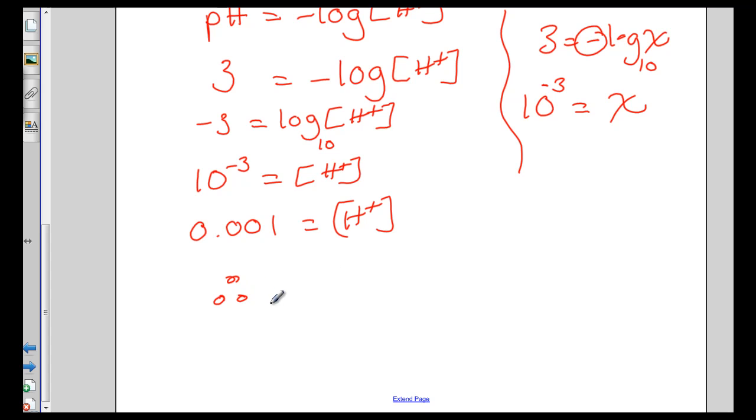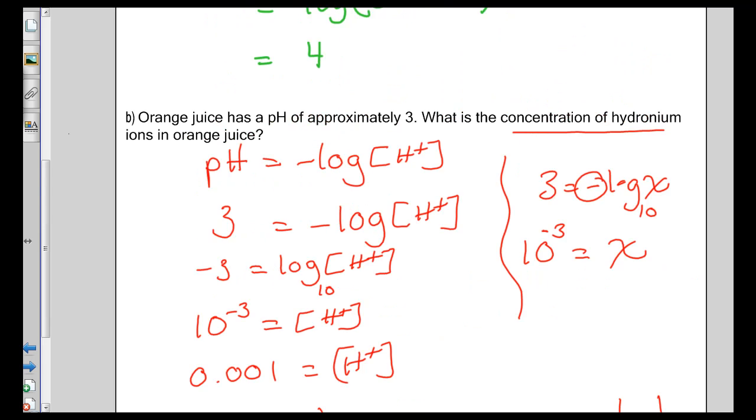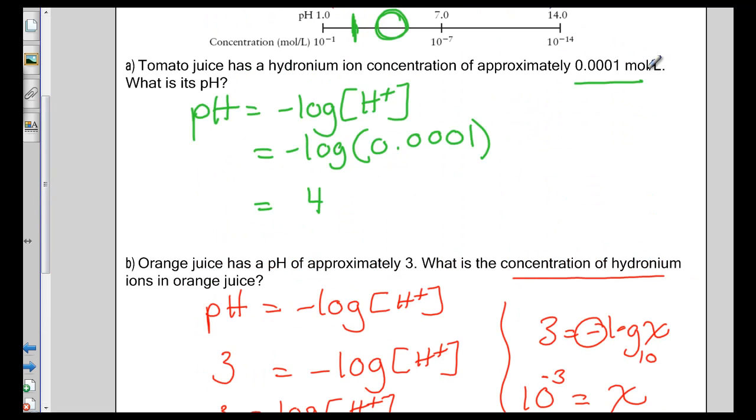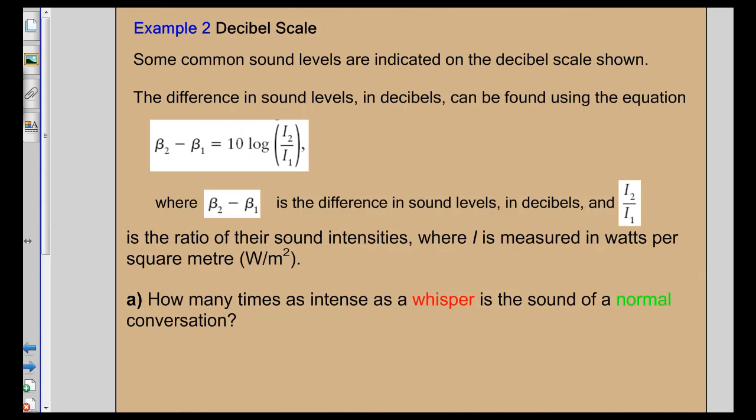And we can answer, therefore, the hydronium ion concentration is 0.001, and again the units are important here, and in the question it does tell us, if we go up a little farther, it is in moles per liter. So moles per liter.